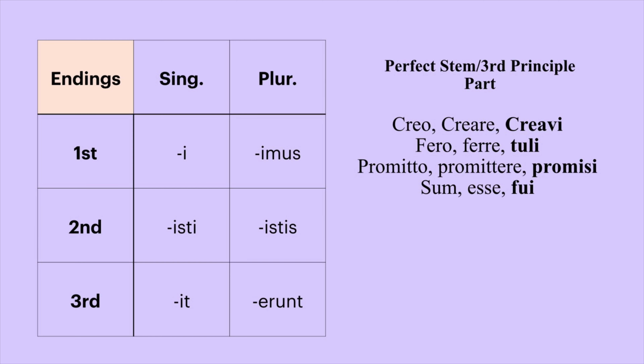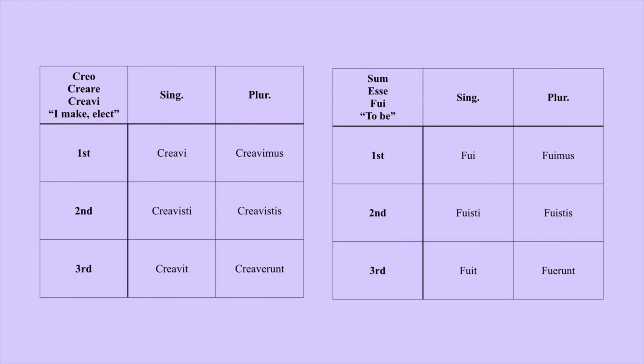Now, we can look into it in even more detail. We'll take the third part, in the case of creo, creare, creavi, that would be creav-, then we add the endings: creavi, creavisti, creavit, creavimus, creavistis, creaverunt.